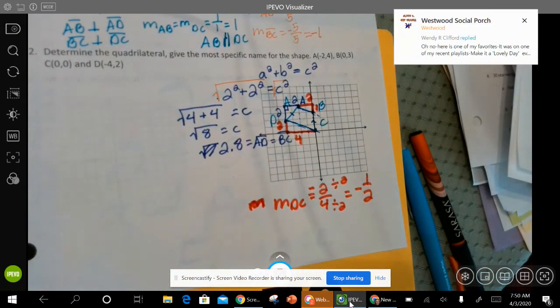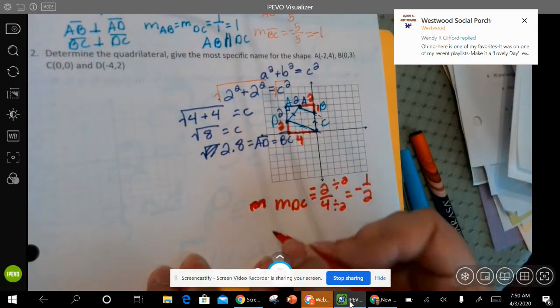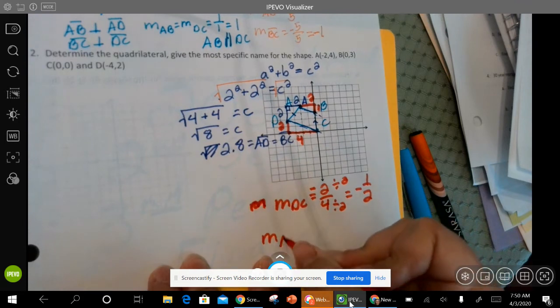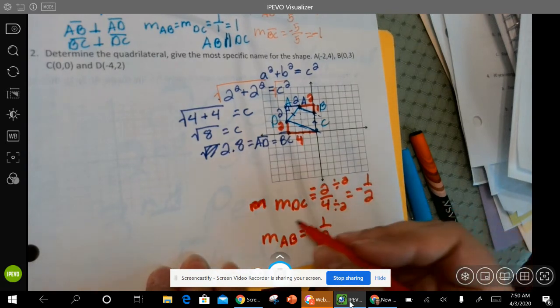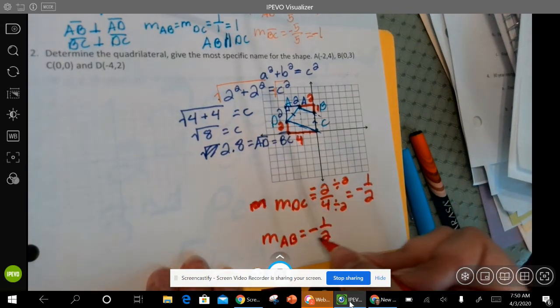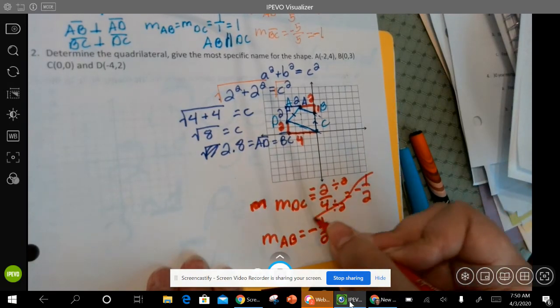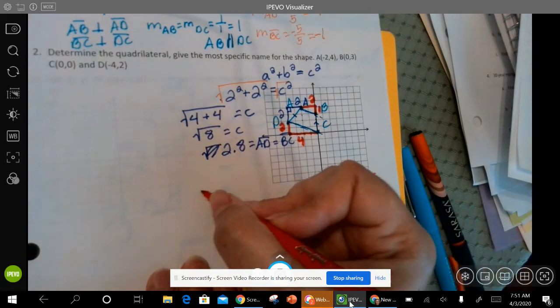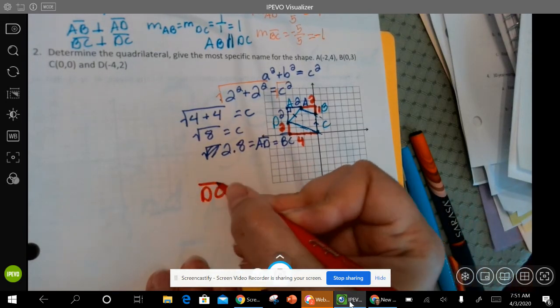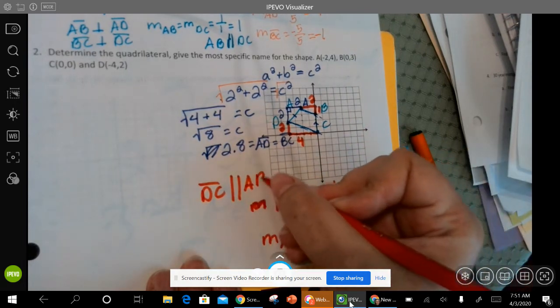Can check on the other side. So this is 2 over 1. So remember, rise over run for AB. It's a negative slope. It's going down, so it's -1/2. Okay, so the two slopes are congruent. You see that? So that means that side DC is parallel to AB.